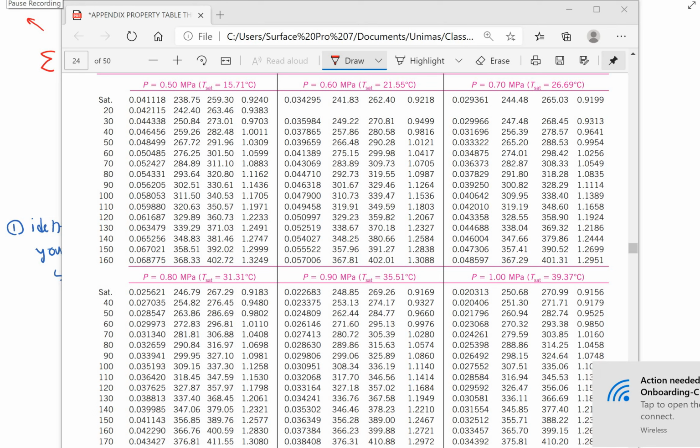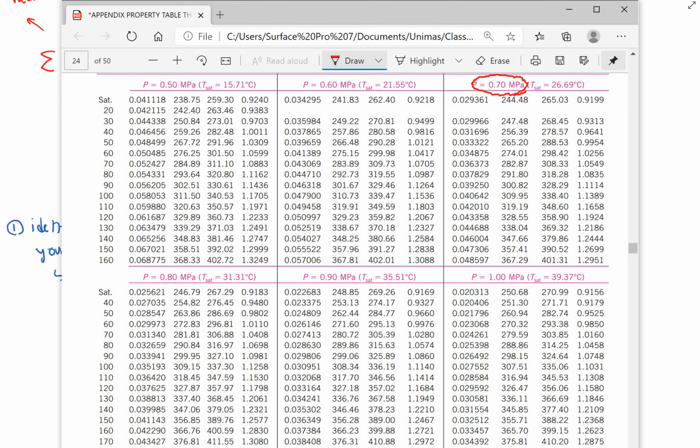In A13, here, you have the 700 kilopascal and the given T is 30 degrees Celsius. So this is where you should get your reading for the s.